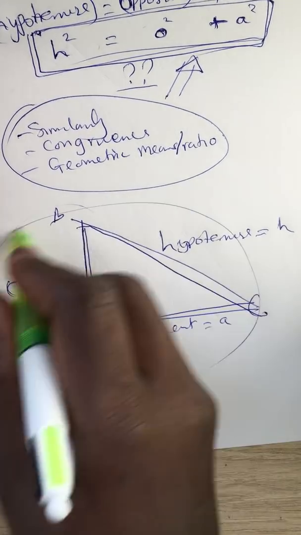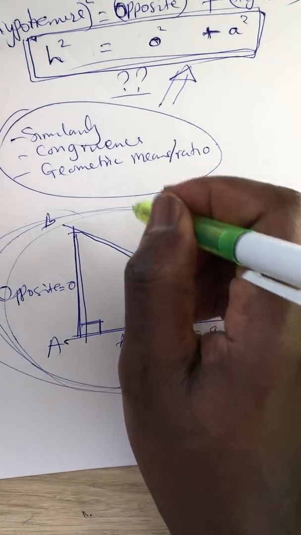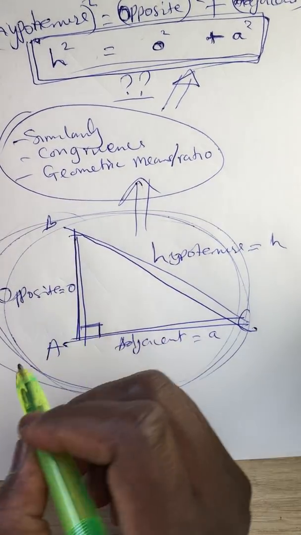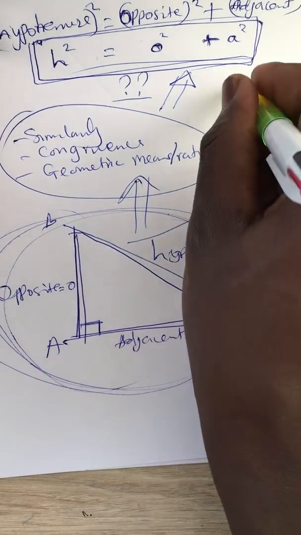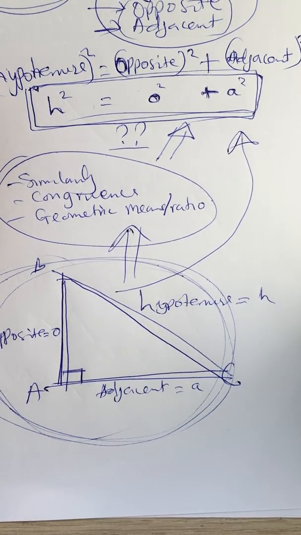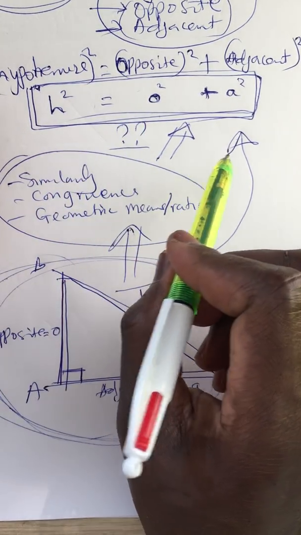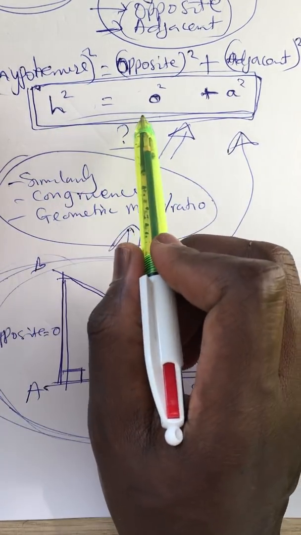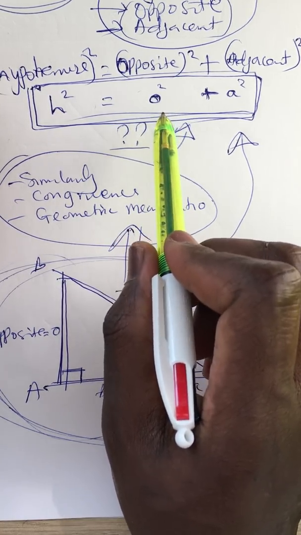So we are going to use this right angle triangle by applying the concept of similarity, congruence, and geometric means to prove that Pythagoras theorem is actually true, or to derive that formula, so that we know how to get to that formula and what we need to get to that formula.